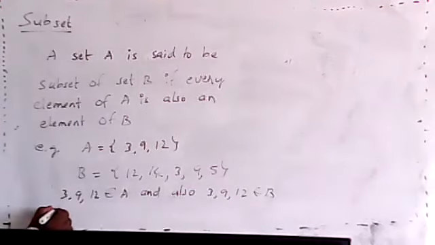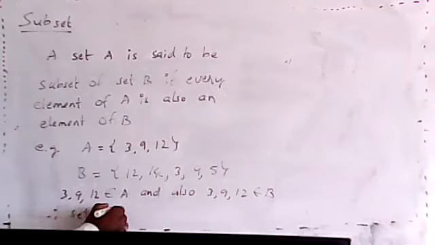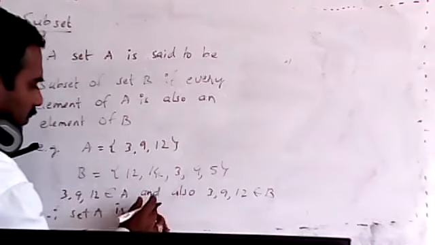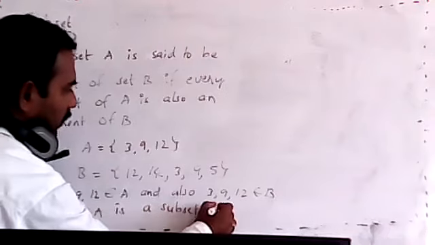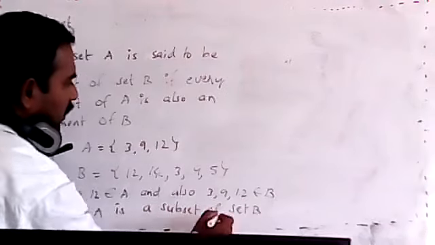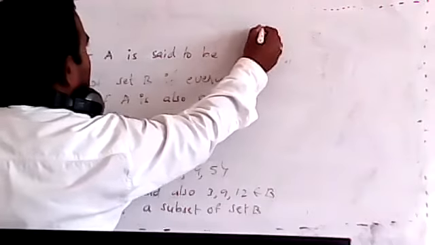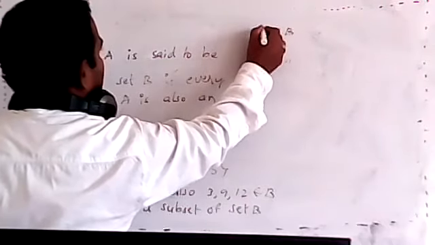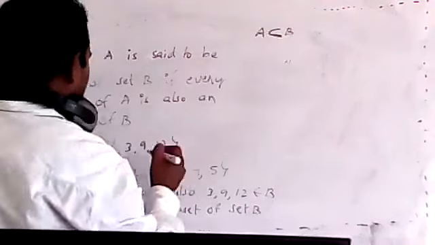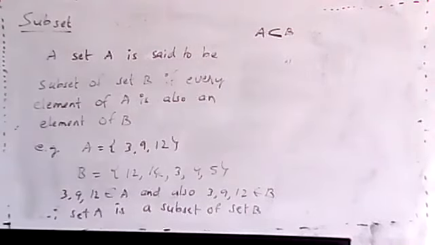Therefore, set A is a subset of set B. This we can represent as A is subset of B. Can you see? Yes, all are able to see it. We represent that in this way. Set A is a subset of B.